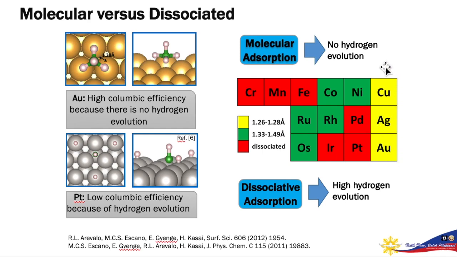Now these coinage metals here, copper, silver, and gold, promote a molecular adsorption that is close to the gas phase BH bond length of borohydride, while for these particular metals here, cobalt, nickel, ruthenium, rhodium, and osmium, the adsorption structure is still molecular, but the BH bond lengths are already elongated.